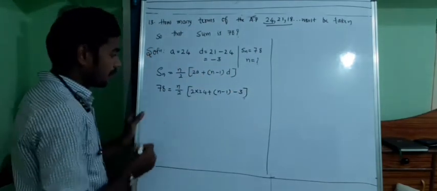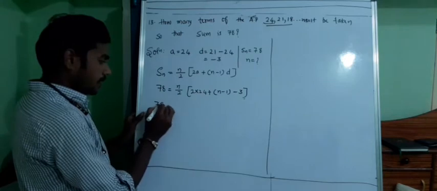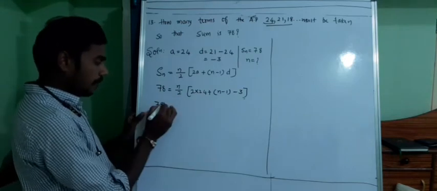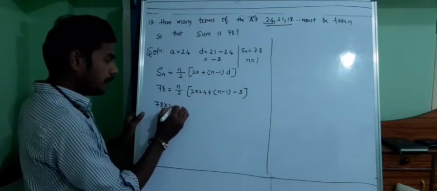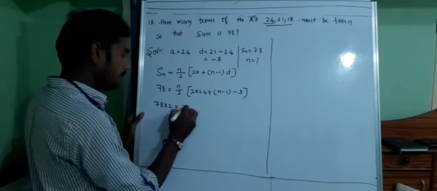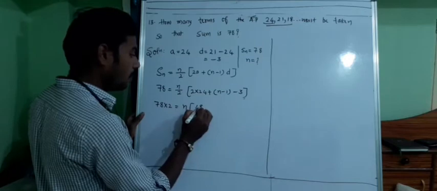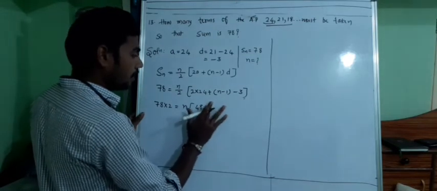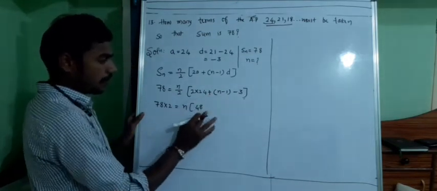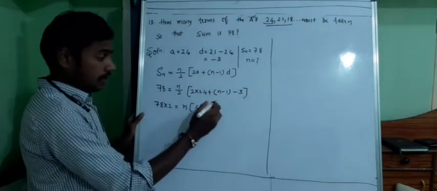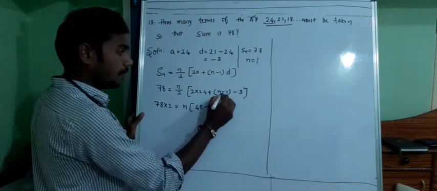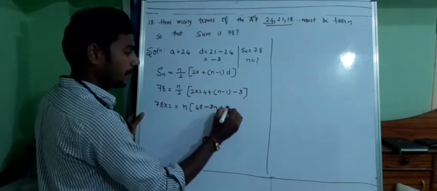Fine. So 78, I'll transfer it to the left hand side, 78 into 2 is equal to n. I'll keep it outside as it is. 2 4s are 8, 2 2s are 4, plus minus into plus, minus 3n, minus into minus plus 3.